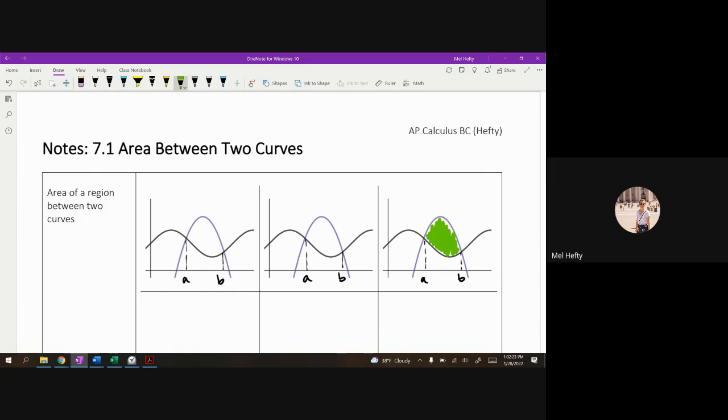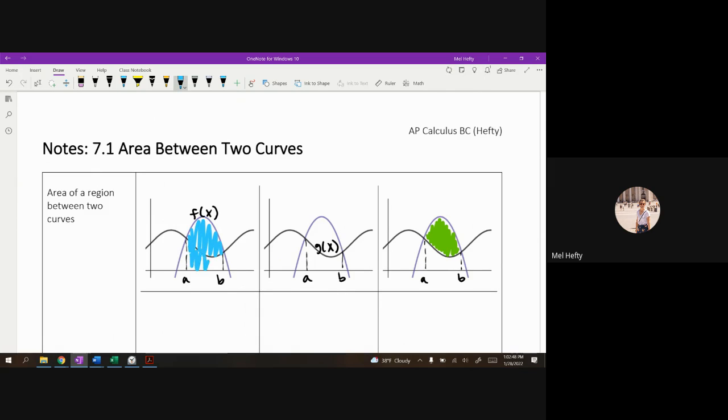We have not done this before yet this year, but let me compare to 2 things we have done this year. We have found area between a curve and the x-axis. What calculus thing did we use to find area between a curve and the x-axis? Yeah, you've been doing integrals to find area, yes?